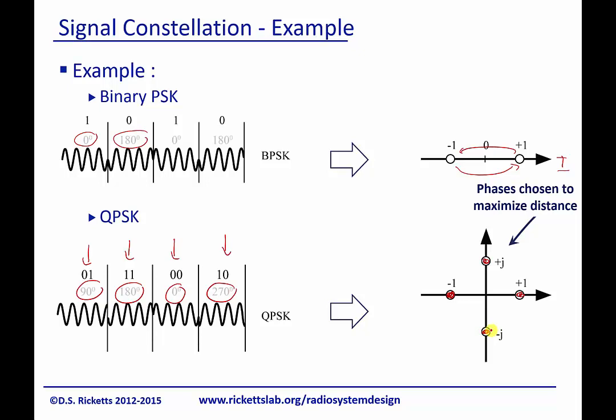And you notice the amplitude's not changing. I'm just changing the phase as I move between these different constellations. And this introduces subtly a concept of the fact that one physical state can represent many bits. Okay?